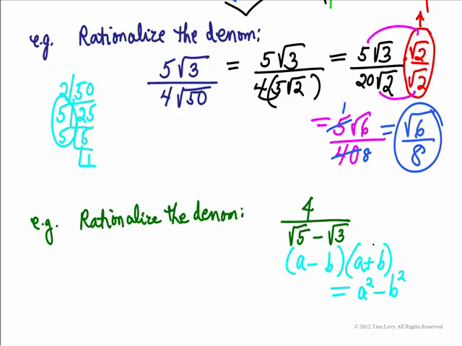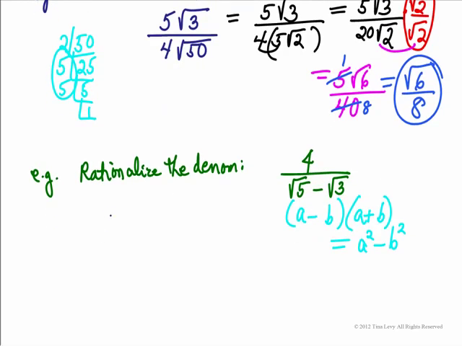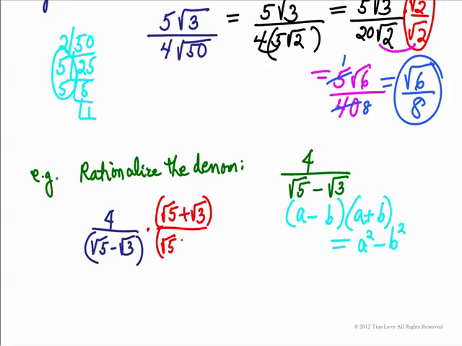So working this out, I have 4 over radical 5 minus radical 3. I am going to multiply top and bottom by radical 5 plus radical 3. I am doing similar to a difference of squares.